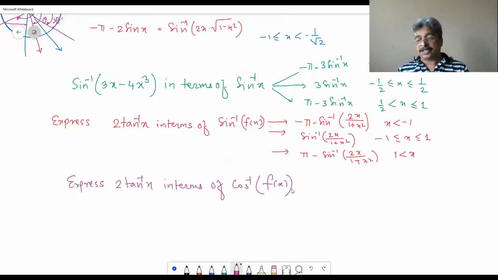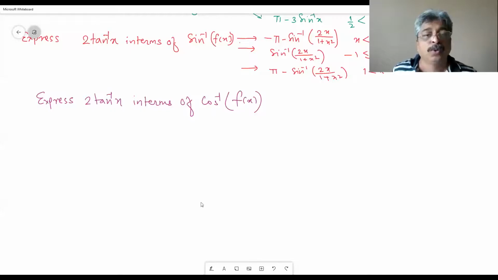Okay, time starts now. We want to express this angle in terms of cos inverse.